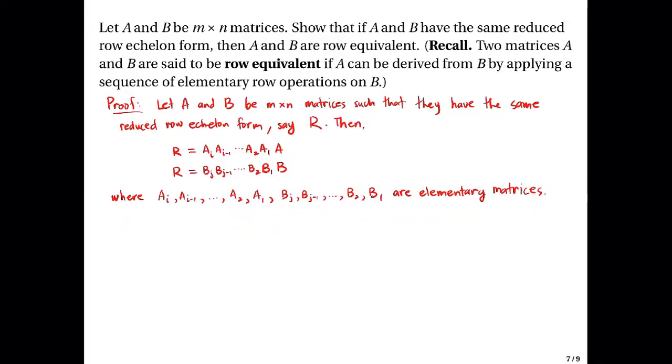So let's start with this: A sub i, A sub i minus 1, until A2, A1, A is equal to B sub j, B sub j minus 1, until B2, B1, B. They are equal because they have the same reduced row echelon form.